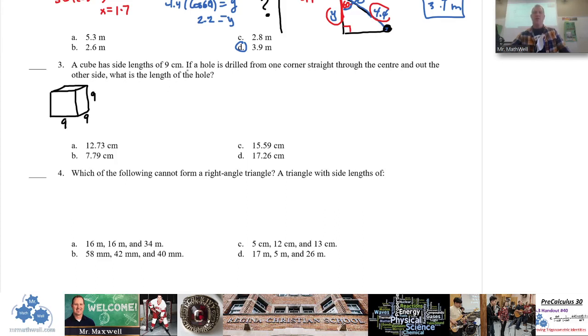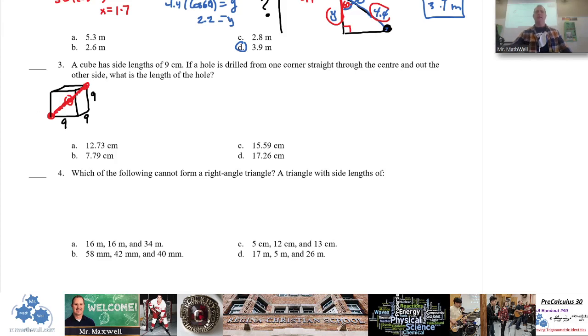What's the length of the hole? So it might be a little bit tough to see, but let's say we started on this far back corner and we drilled the hole right through the center of the cube, which is right about here, and then it came out the other side, so it would end up through this corner right here.